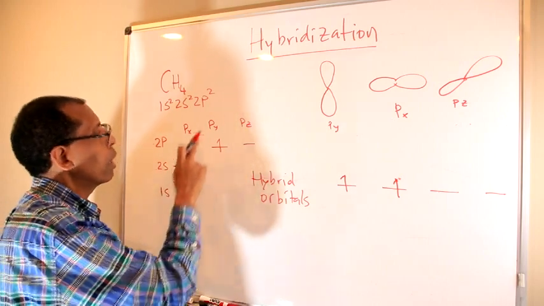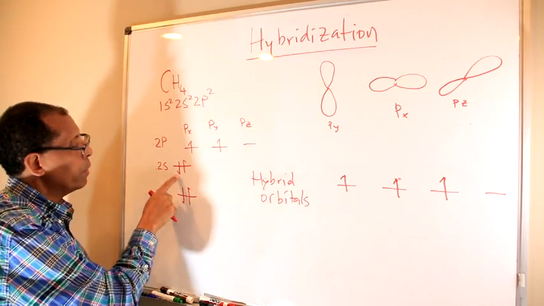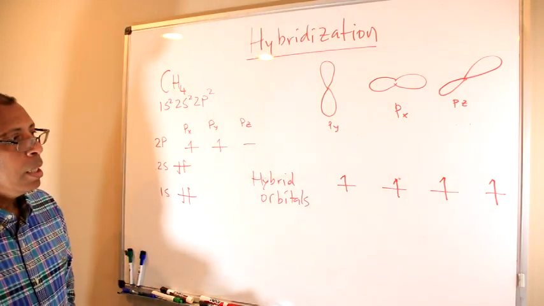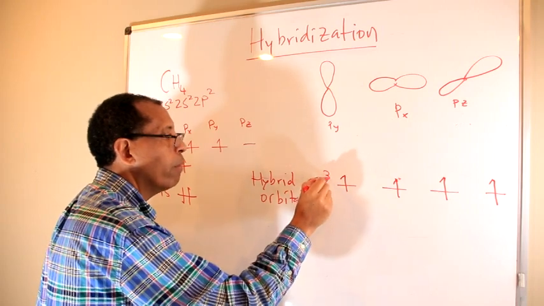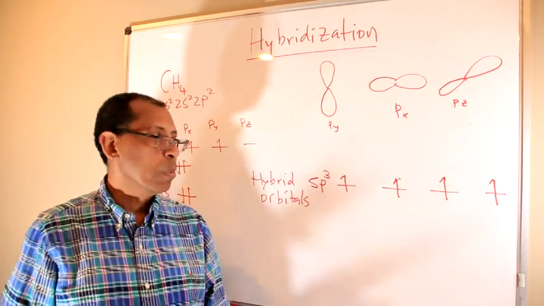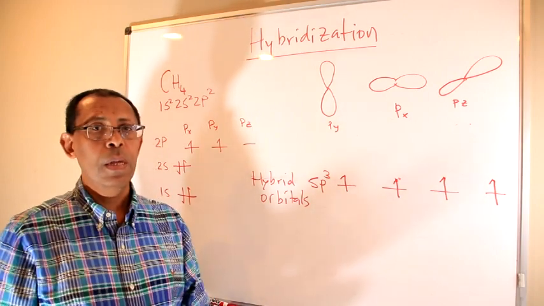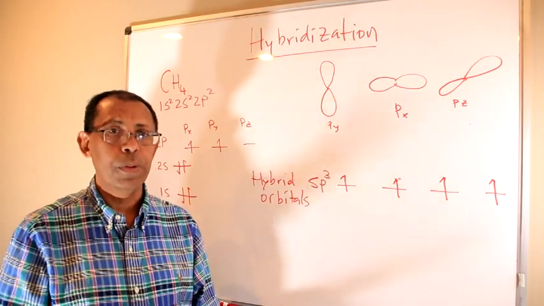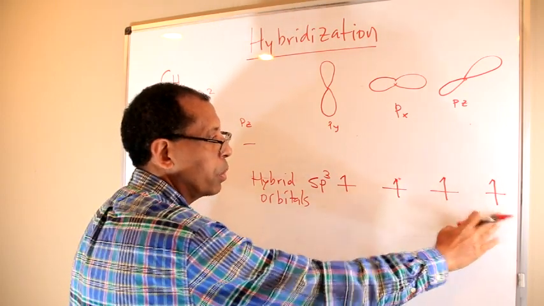There is one electron that jumped to this, and one electron which was already here and occupies this. Now, this is a hybrid of an s and 3 of the p, which is why it's called an sp3 hybrid orbital. Energetically, they are all the same. They are equivalent, and they contain a single electron in each orbital: sp3, sp3, sp3, sp3.